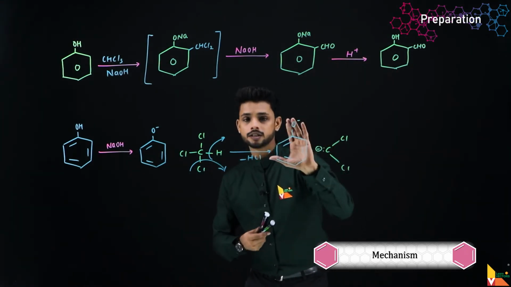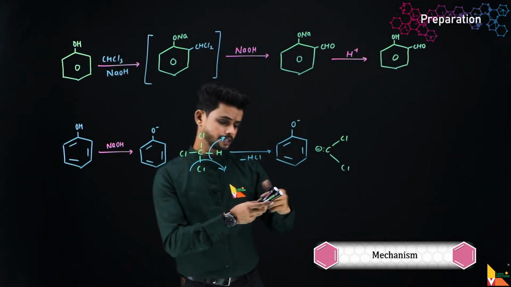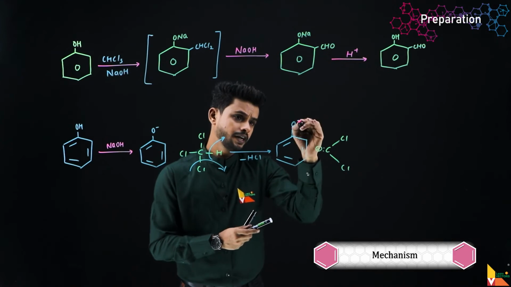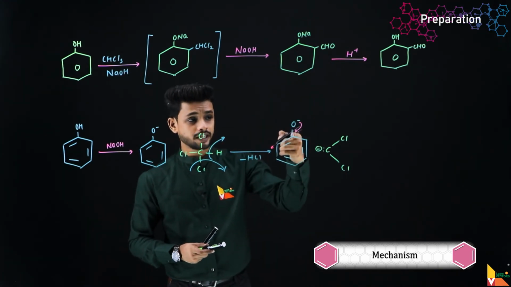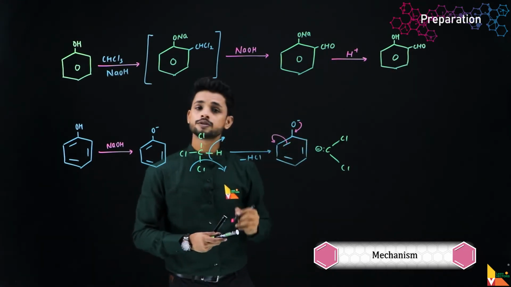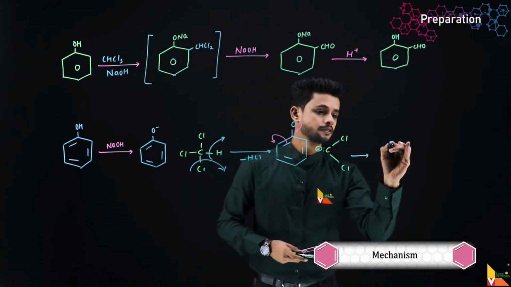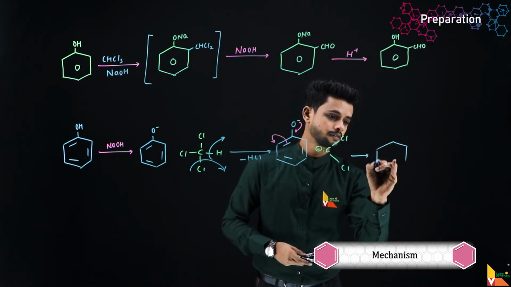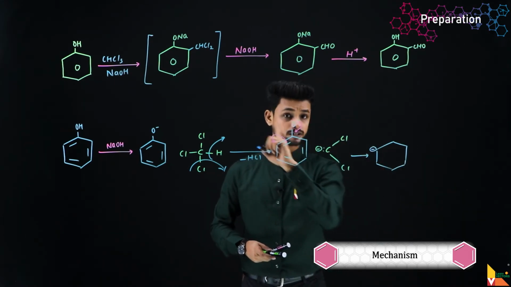Okay, here this is where we have to focus now. Now what will happen, as we can say, the negative charge may come down, and because of this there will be a formation of a double bond and this bond will jump out. So here we have a negative charge sitting outside, right?